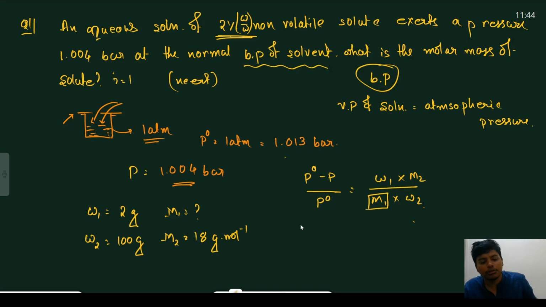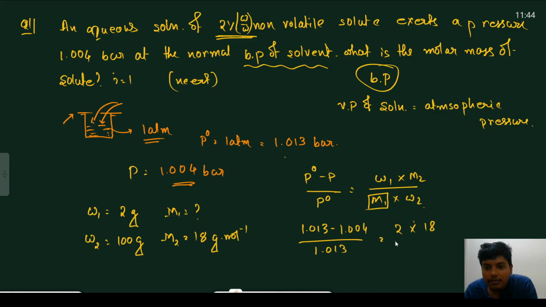So if I put the values, P naught is 1.013, so 1.013 minus 1.004 divided by 1.013 is equal to W1 which is 2 into 18 divided by M1 into W2 value which is 98. If we calculate all of them, you will get the M1 value as 41.35.